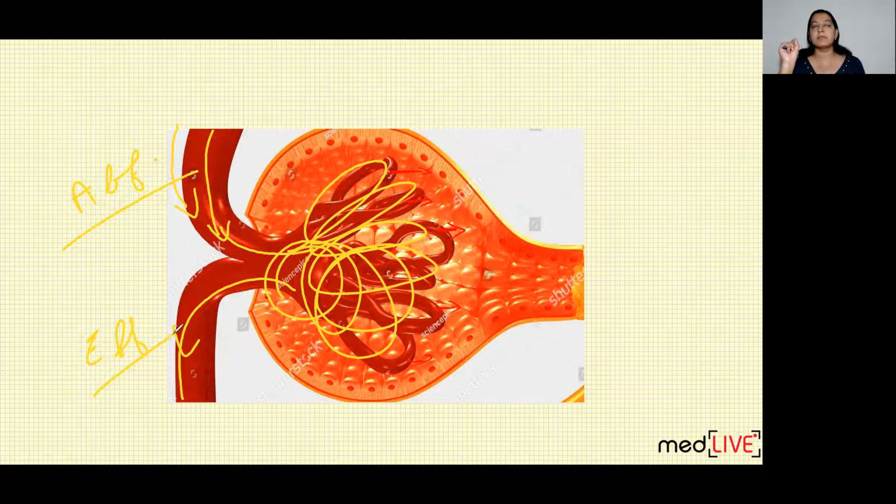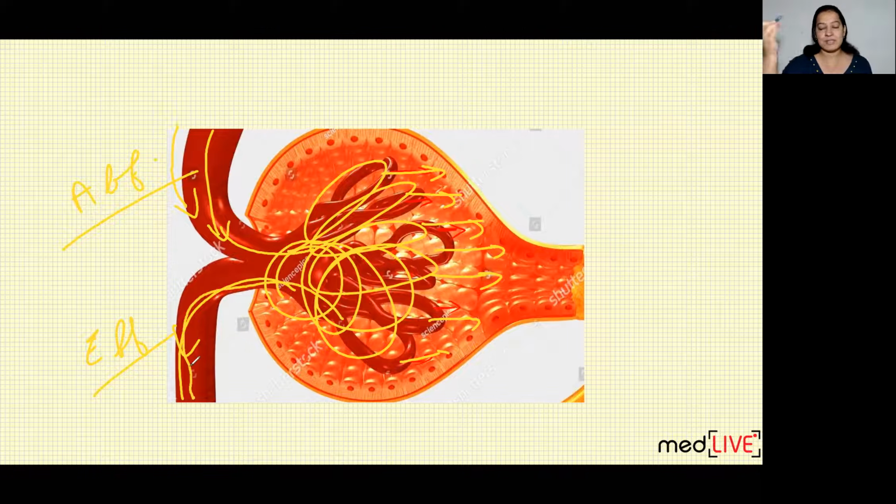Now whatever substances are supposed to be eliminated from the body in the form of urine get filtered here, they get separated from the blood and accumulate in the space in the Bowman's capsule, that is Bowman's space. And the blood, apart from those substances, leaves with the help of efferent arteriole. So you got it.